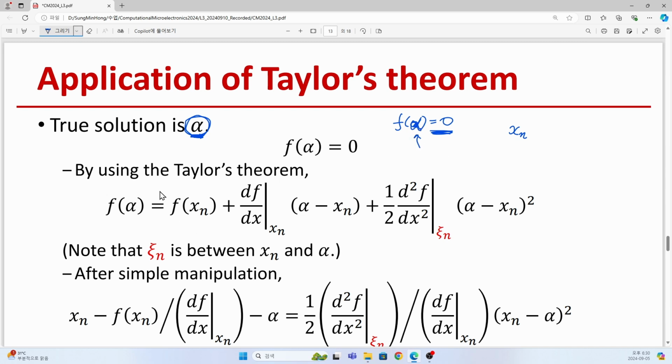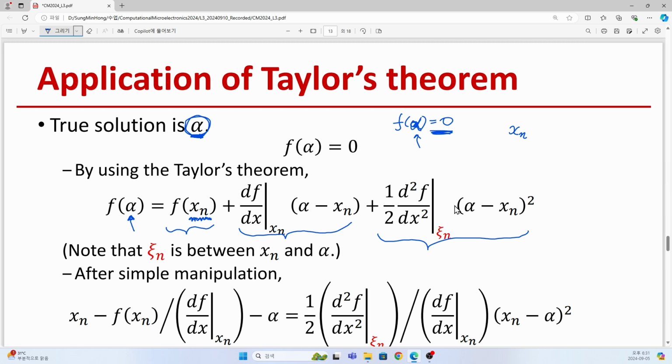So then by using the Taylor theorem, we can write down in this way, starting from our approximate solution x sub n, the function value at alpha can be represented as this function evaluated at x sub n, a linear term, and finally a second order term.